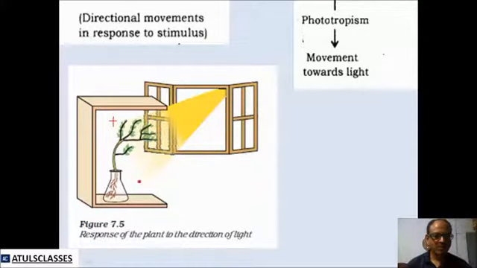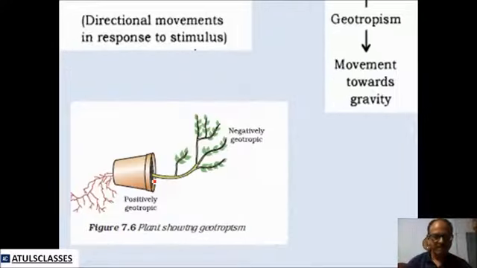Then geotropism, movement towards the gravity. You can see here the shoots are moving away from the gravity, so they show negative geotropism, and the roots are showing positive geotropism because they are moving towards the earth or gravity.